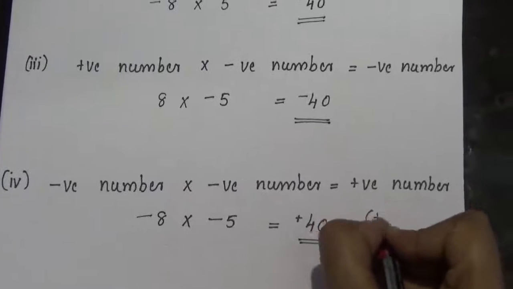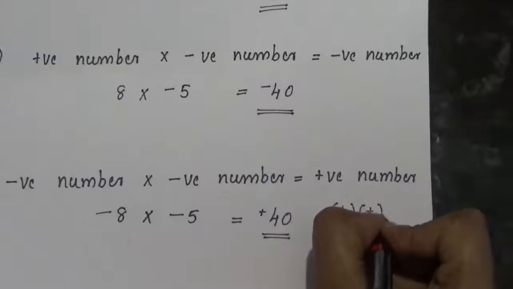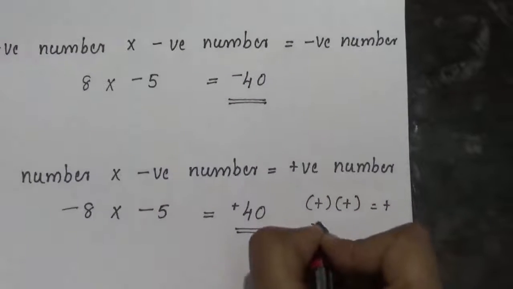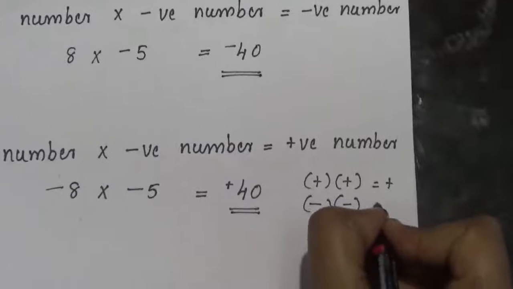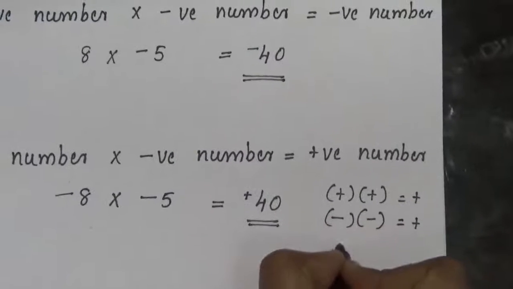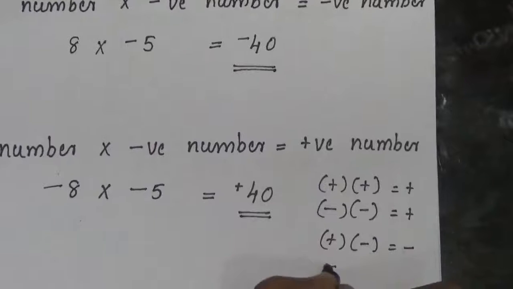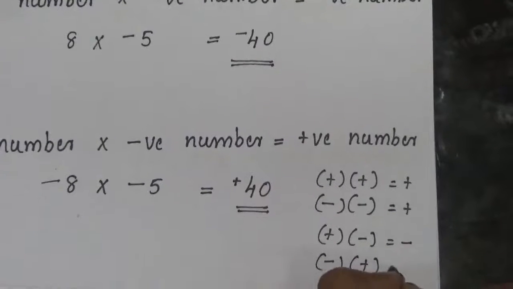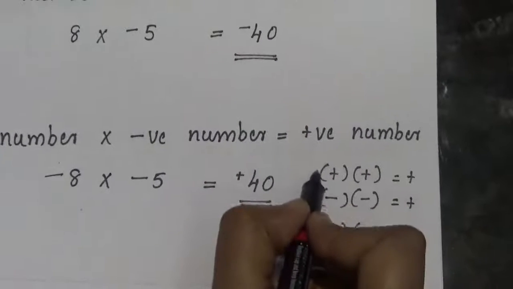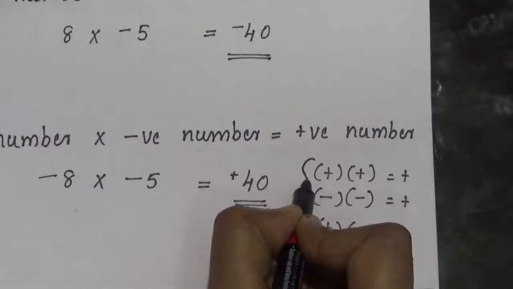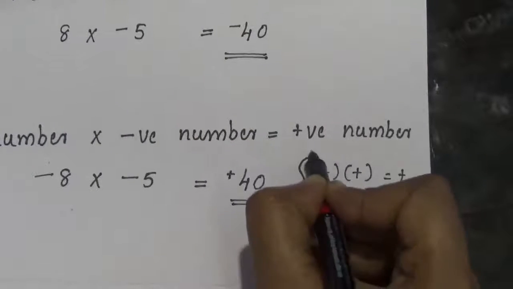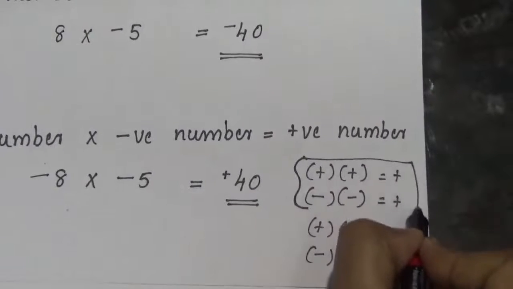Plus into plus is equal to plus. Negative into negative is equal to plus. Positive into negative is equal to negative. Negative into positive is equal to negative. So that means if the numbers are of the same sign, then the product will be positive.